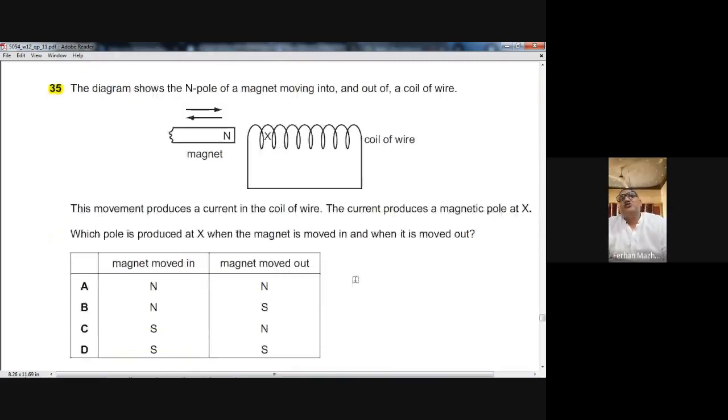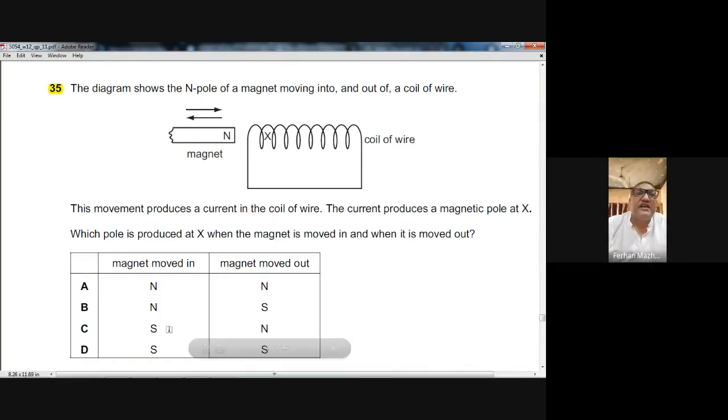The diagram shows the north pole of a magnet moving into and out of a coil of wire. The movement produces a current in the coil of wire. The current produces a magnetic pole at the X. Which pole is produced at X when the magnet is moved in and when it is moved out?